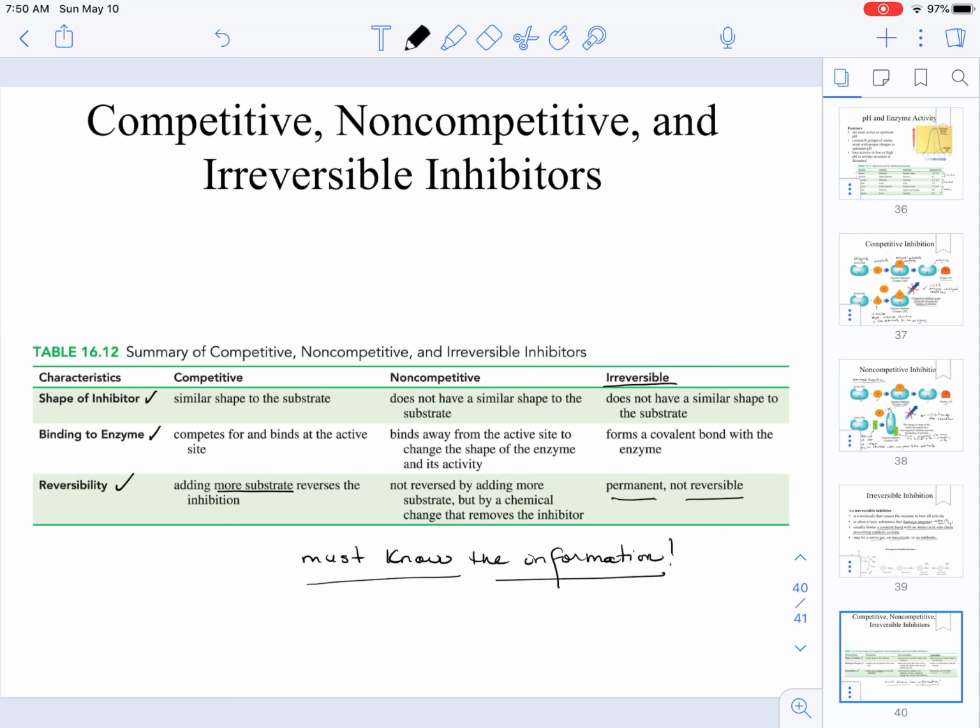In the case of non-competitive inhibitors, they are not reversed by adding more substrate, but you need to add a chemical agent that is going to physically remove that inhibitor. And I just mentioned that irreversible inhibitors, again, those changes are permanent. We're making a covalent bond, so they cannot be reversed.